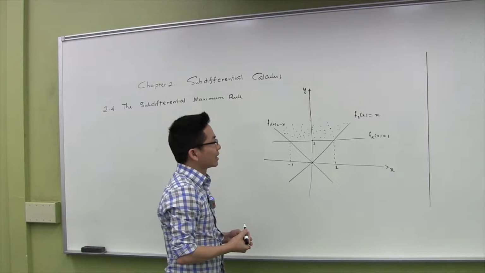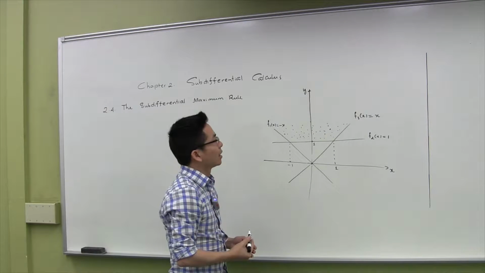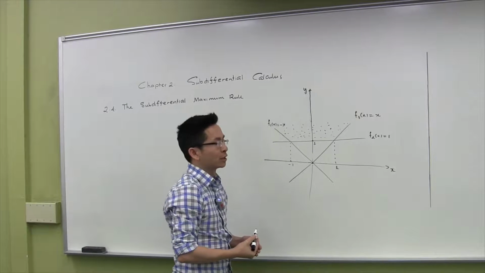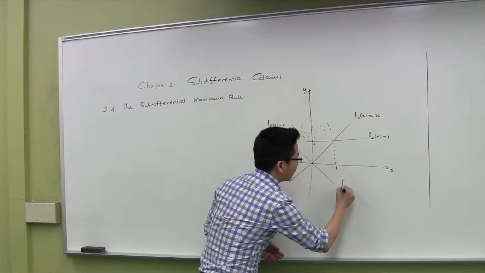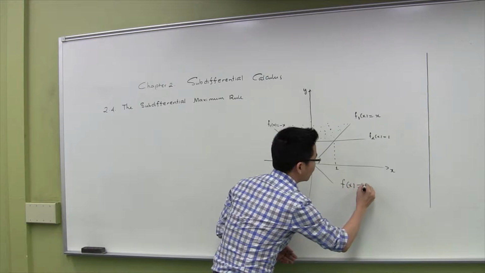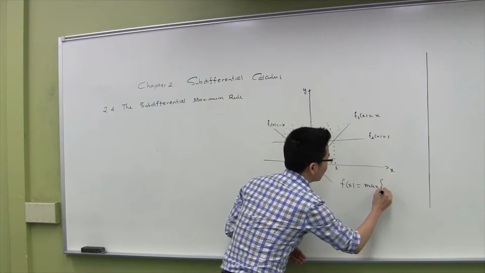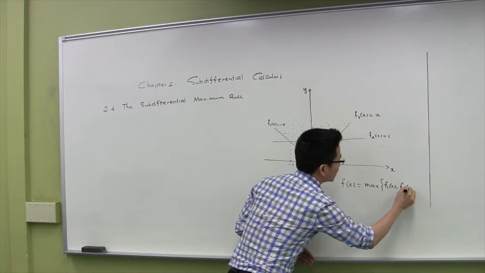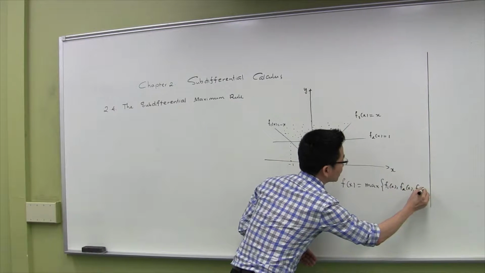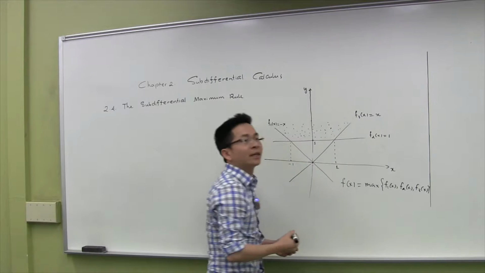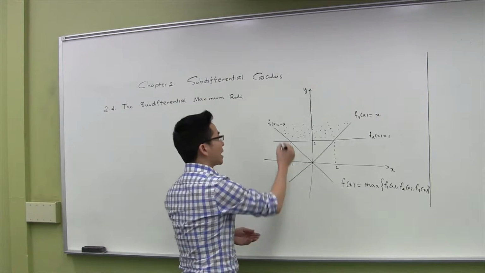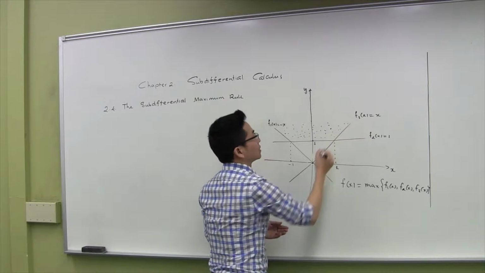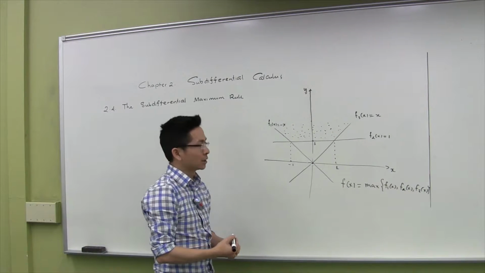Even though f1, f2, and f3 are not all differentiable functions, the max of the three functions defined by f of x equals max of f1 of x, f2 of x, f3 of x is a non-differentiable function. As you can see, this is the graph of the max function of the three functions.